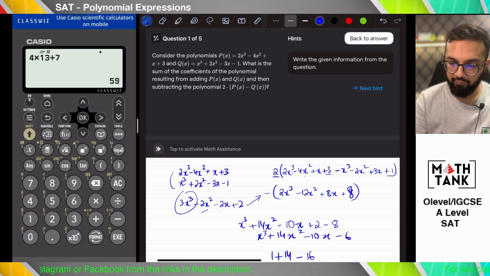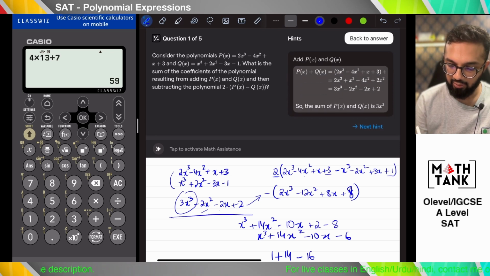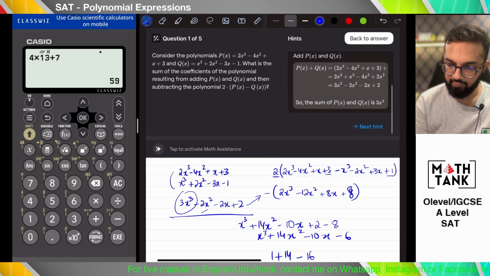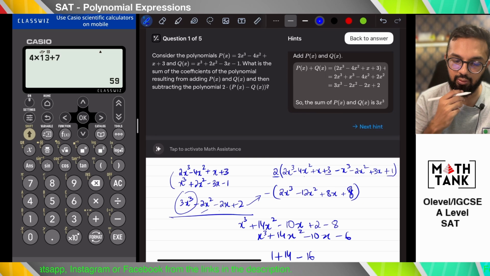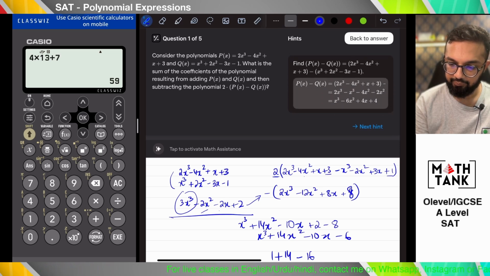Let's see the hints. I've made some mistake that I'm unable to find out. Okay, is our expression correct? Yes, our expression is correct so far. Okay, so 2x cubed minus 12x squared plus 8x plus 4.